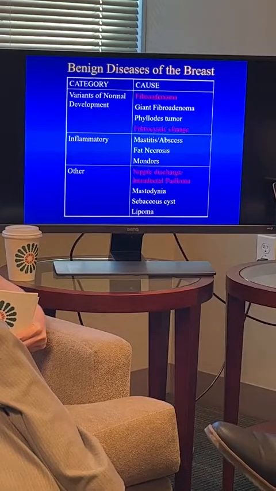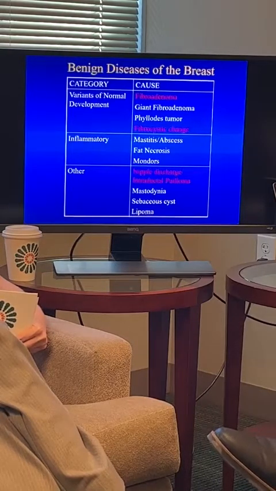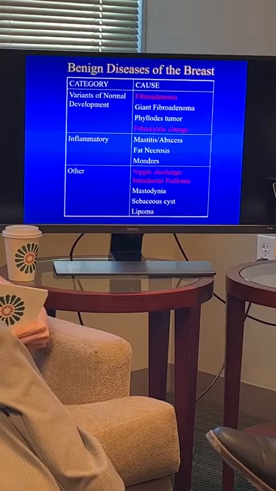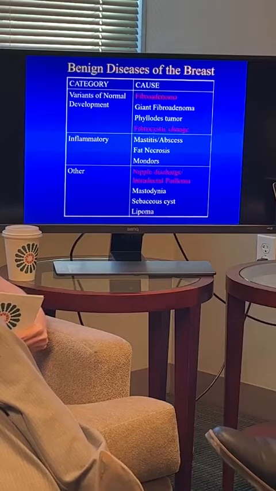There are a number of important benign diseases of the breast, some of which can be symptomatic to the point of being quite bothersome, as well as confusing with other important diagnoses, including cancer. The diseases of the breast are categorized according to their variance of normal development, inflammatory, and other conditions. Within the variance category are both fibroadenomas and fibrocystic disease.